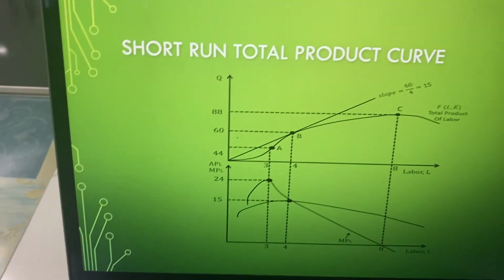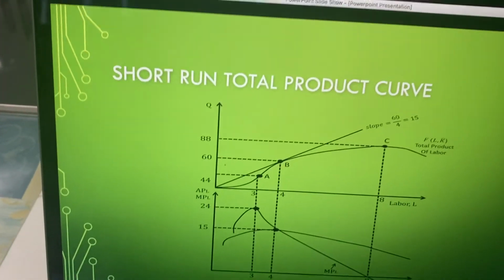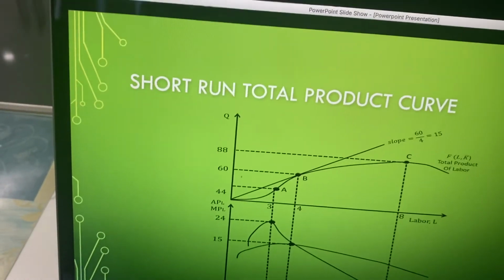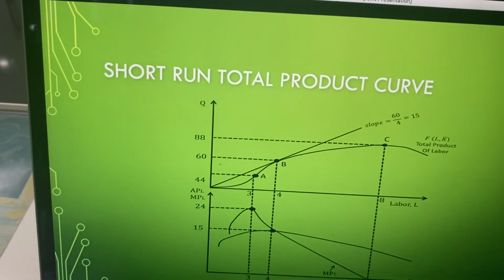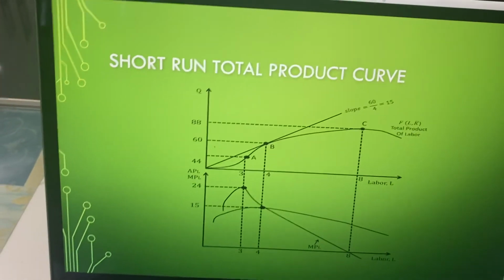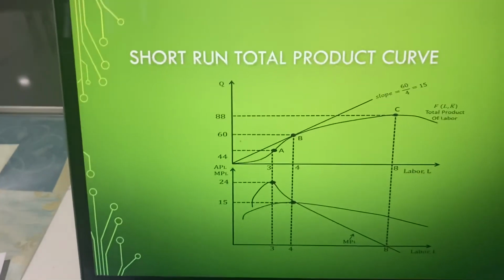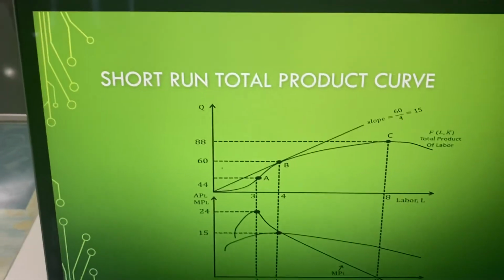Now, from this, we can say that the average product of labor is the same as the slope of the ray from the origin that intersects the total product curve. And the marginal product of labor is the change in output over the change in labor, which is the same as the slope of the product curve itself. Very important: here we see at C the law of diminishing marginal product.